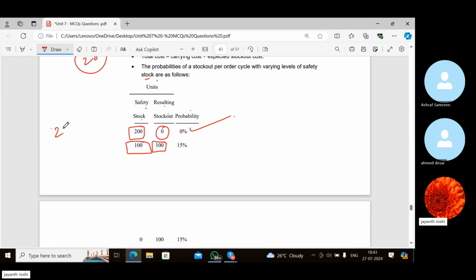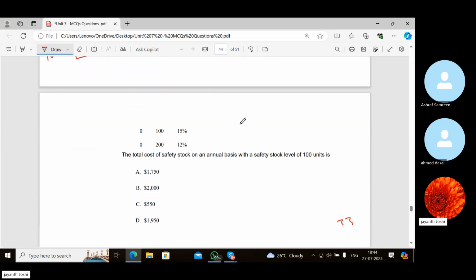Why? Because when they maintain 200 units of safety stock, that much stock they should always have. There wasn't any kind of stock out, and the probability of that happening was also 0. But now if they are maintaining 100 units, the stock out is 100 units. That means this many units they are having shortage, and this probability is 15%. The data is given.